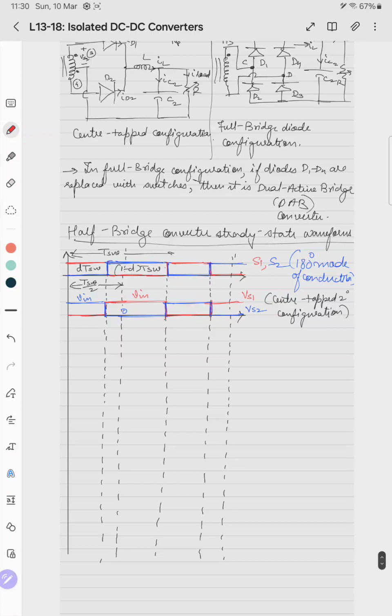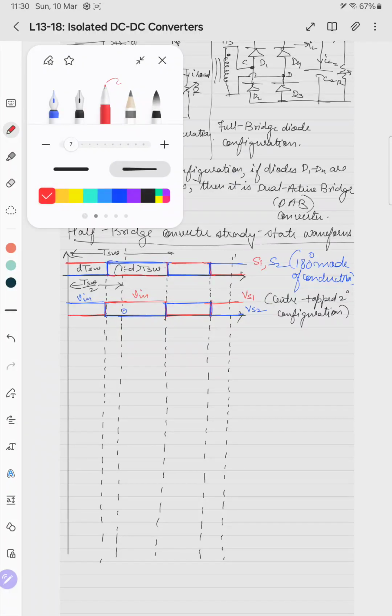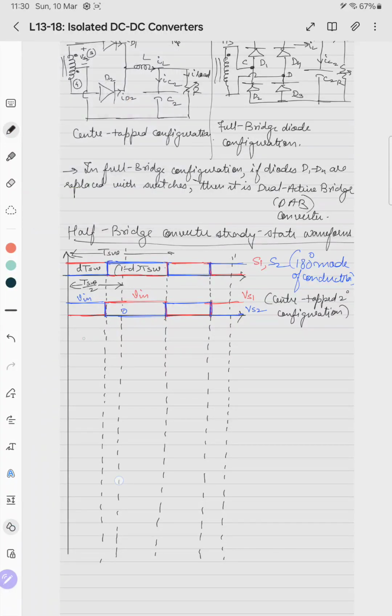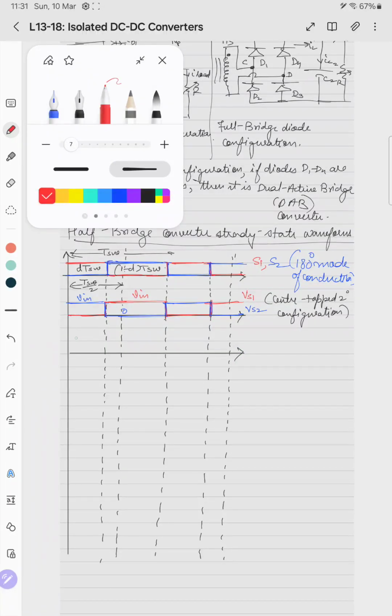So we'll draw the inductor current then, because that is a known quantity. So IL will be like this.